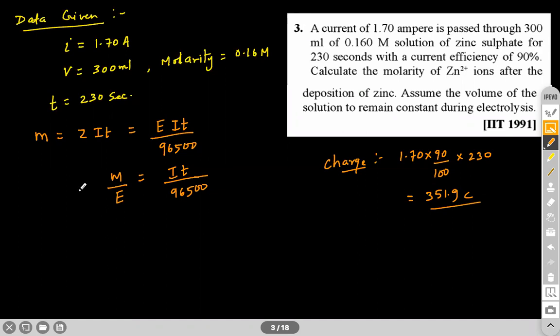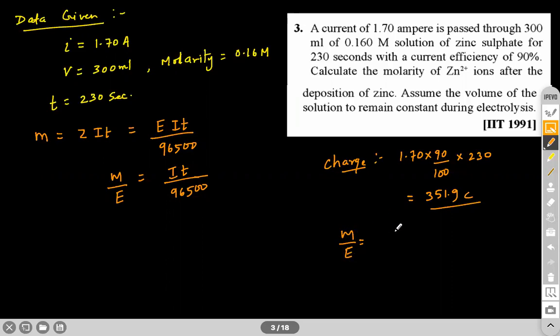This mass we can write as number of moles into molecular mass. Try to understand this expression, M by E. E is the equivalent mass.